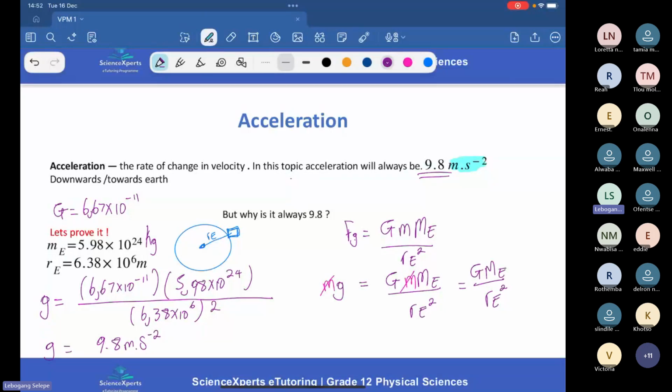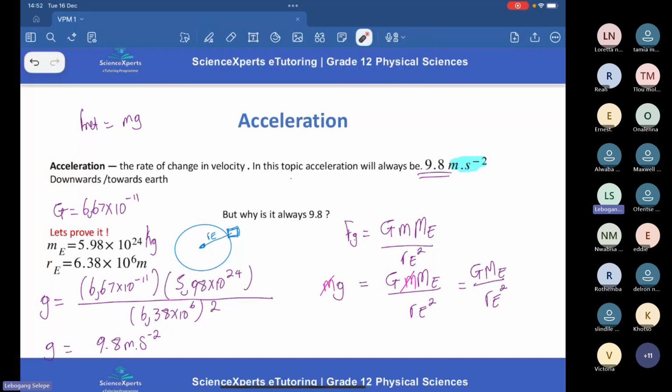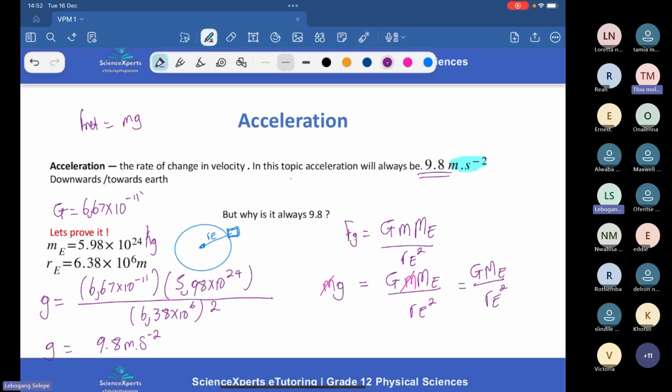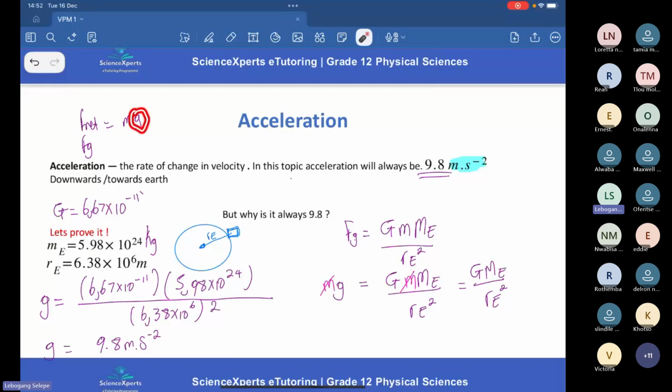So you can't use the acceleration as 9,8, because remember, F net equals ma, right? F net equals ma, and we can only use this only if our F net is actually Fg, right? Only if our F net is Fg.